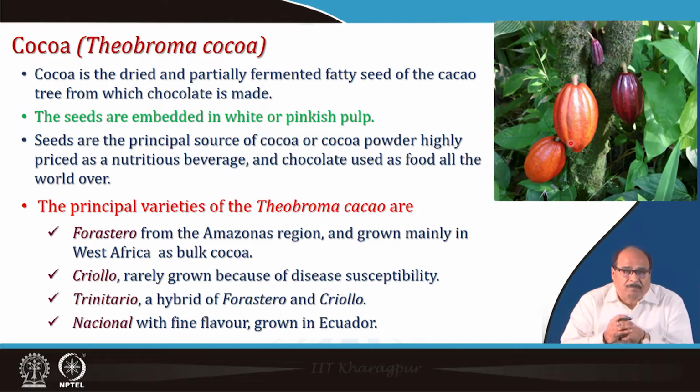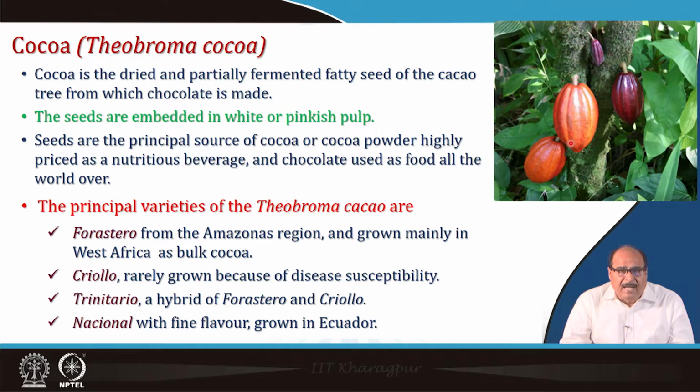These seeds are embedded in white or pinkish pulp, and the seeds are the principal source of cocoa or cocoa powder, which are highly prized as a nutritious beverage and chocolate. They are used as food all over the world.